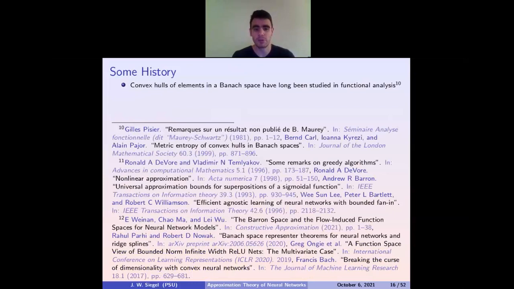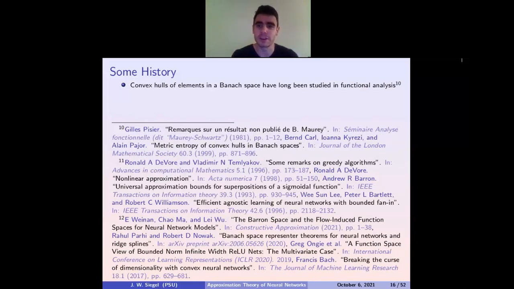Okay, before I move on, I just want to give some history of where these ideas come from. Convex hulls of elements in a Banach space have been studied for a long time in functional analysis. In particular, some of these references are from the 1980s.